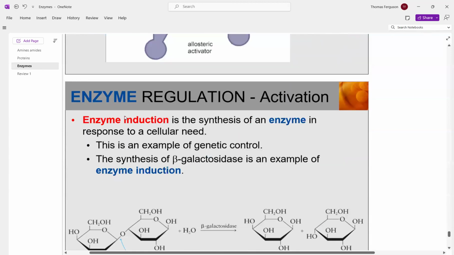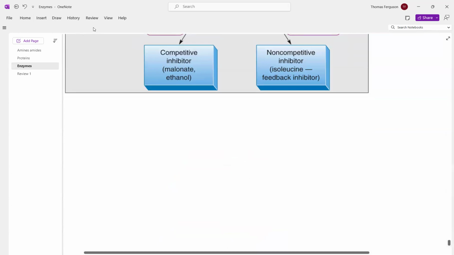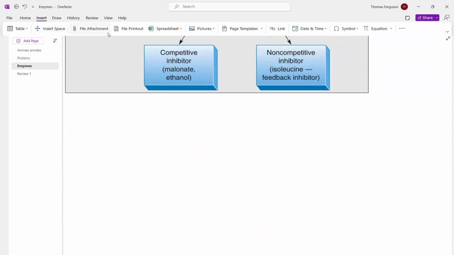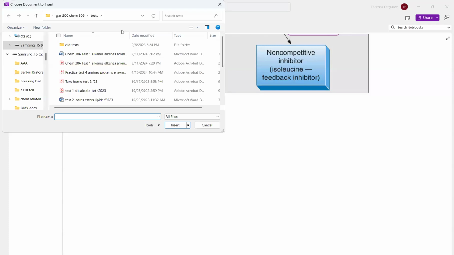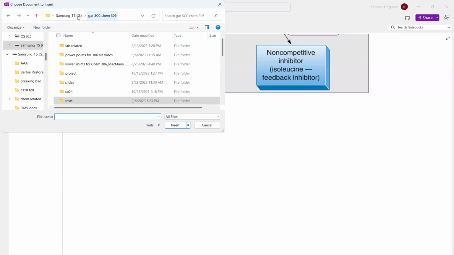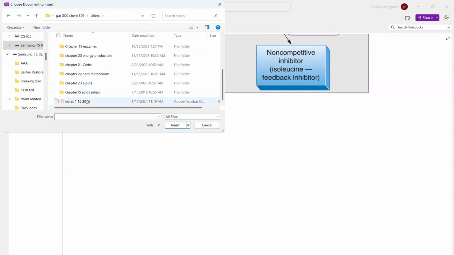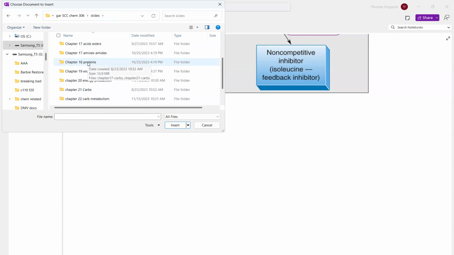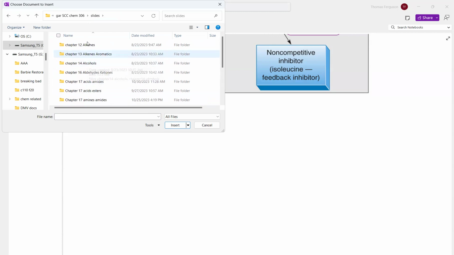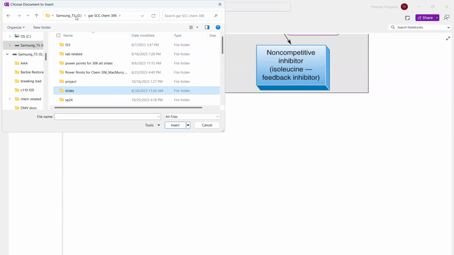Looks like I didn't load it. Where is it now?